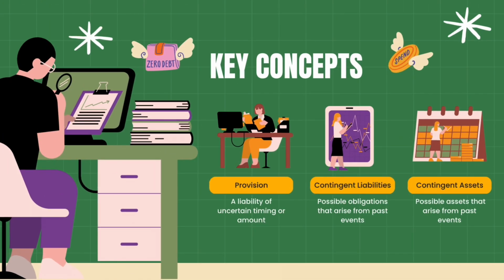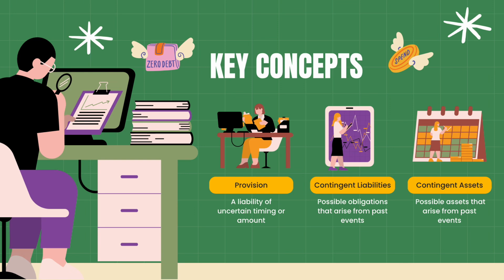So the next one is the key concepts of IAS 37. There are three: provision, contingent liabilities, and contingent assets. A provision is a liability of uncertain timing or amount, and the liability itself is a present obligation of an entity arising from a past event, the settlement of which is expected to result in an outflow of economic benefits of an entity.